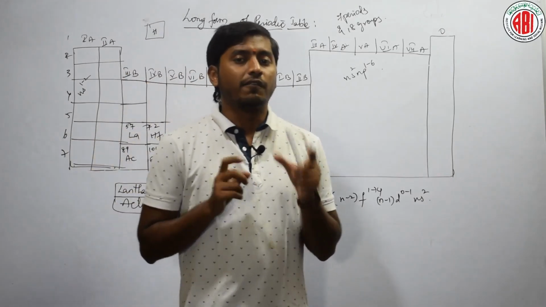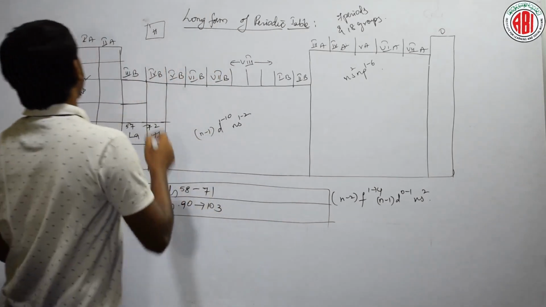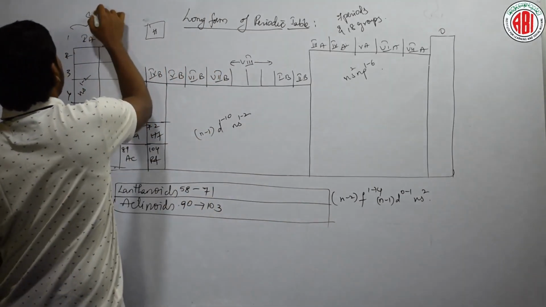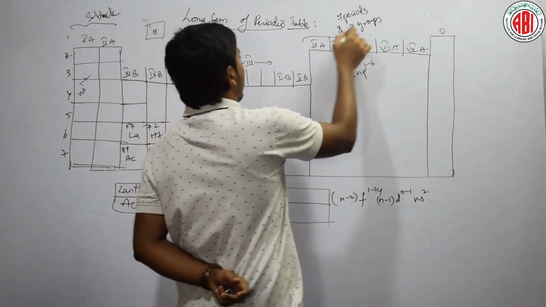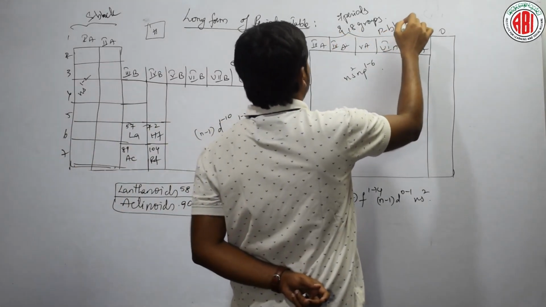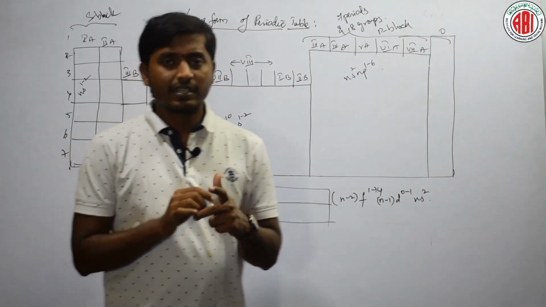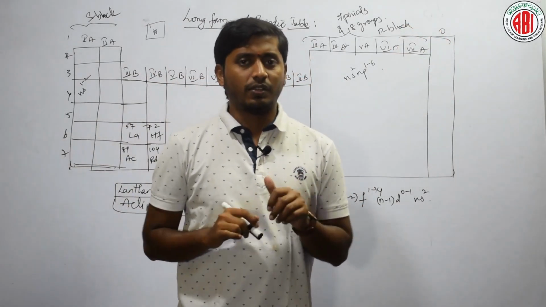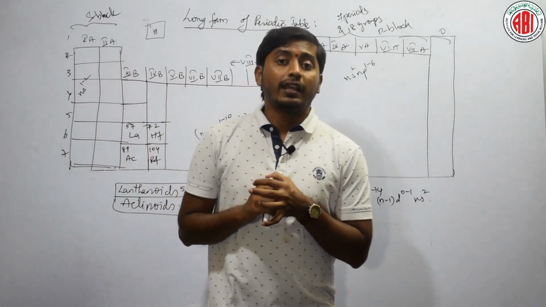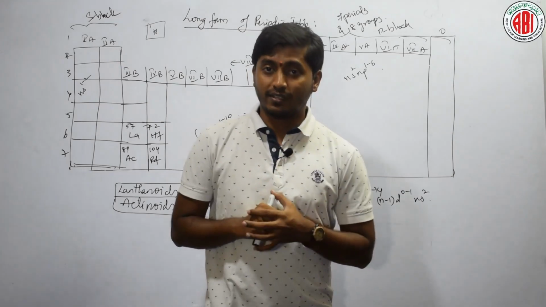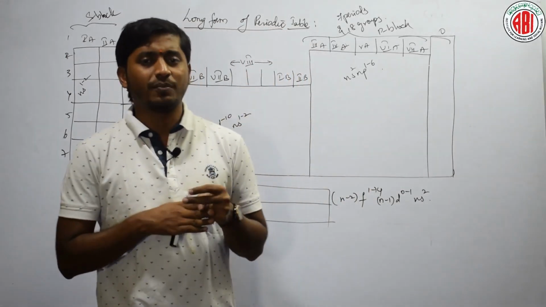S block, why is the name given as S block? See here, let us see first. This whole part is S block, right, and this whole part is my P block till here, right. Did you understand? Hope you know what s orbitals and p orbitals are, right. An s orbital holds 2 electrons, right, in most of the elements such as sodium, magnesium, right.